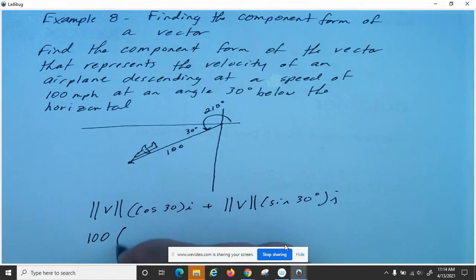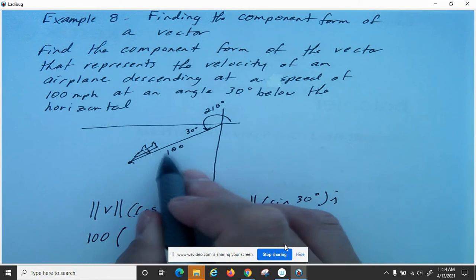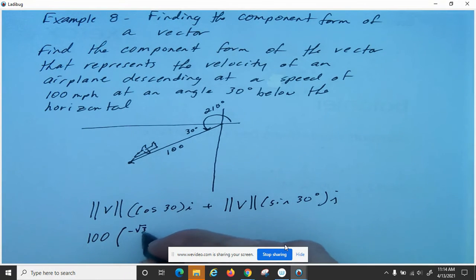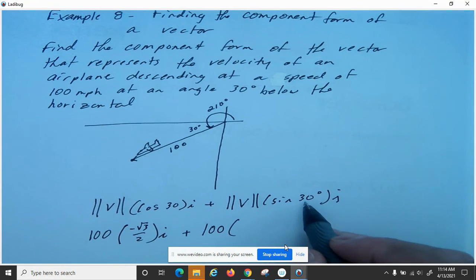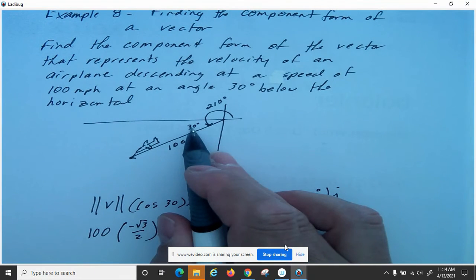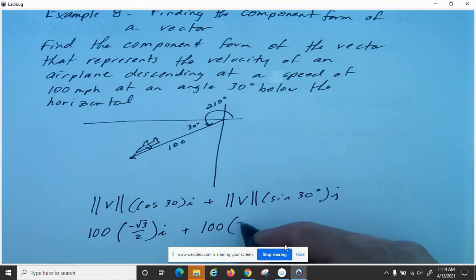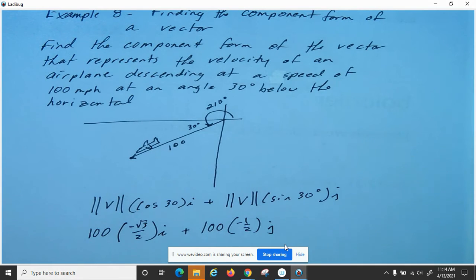I also know that the cosine of this 30-degree angle in the third quadrant is negative square root of 3 over 2. We'll leave the i. Plus, again, the magnitude of that vector is 100 times the sine of that 30-degree angle in quadrant 3, which is negative 1/2. We'll keep the j.